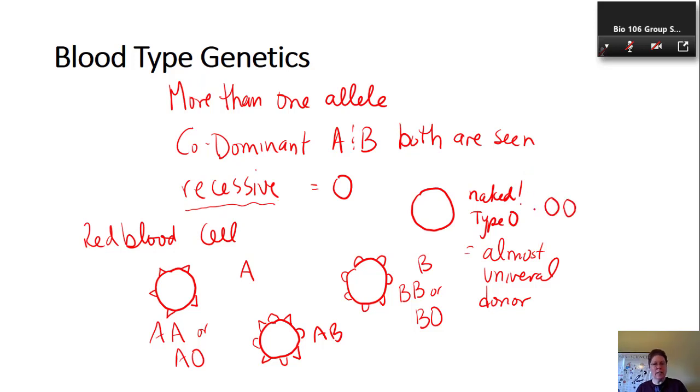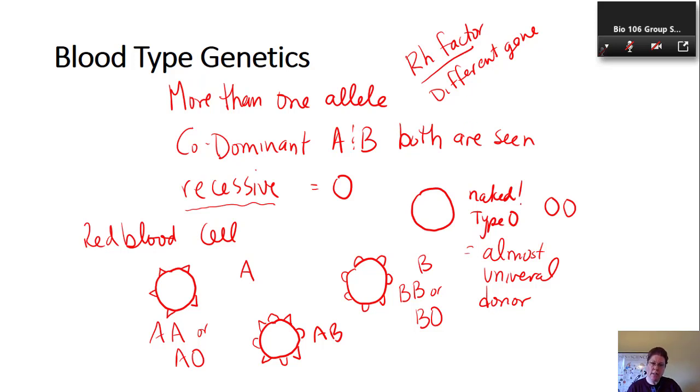That gets into really important things when we talk about genetics. Now, you may have heard about this thing called Rh factor. That's a different gene, and you'll look at that when you do the online version of this.